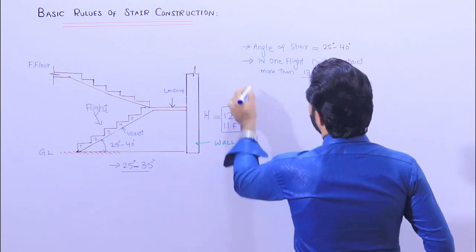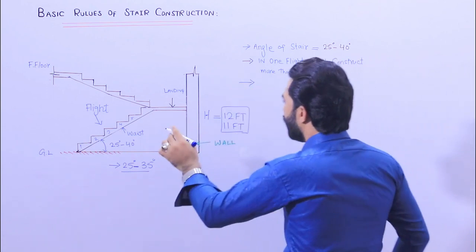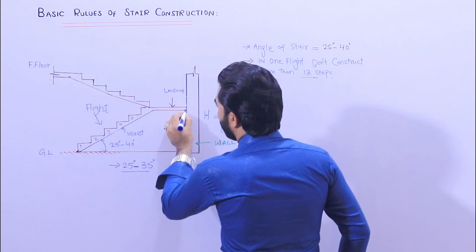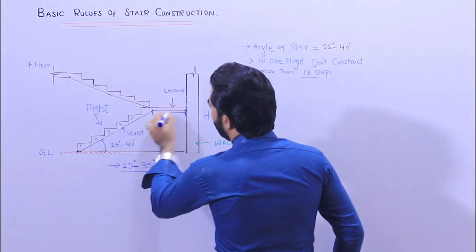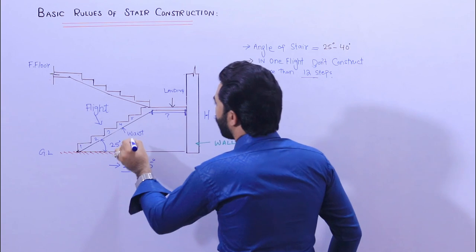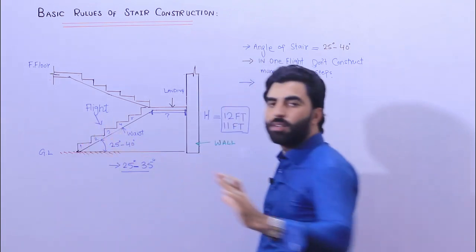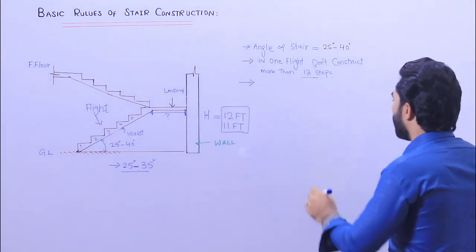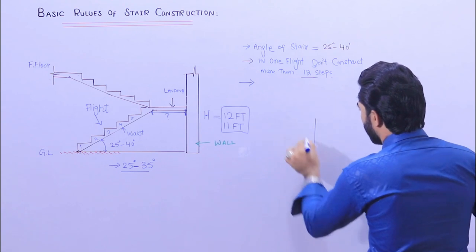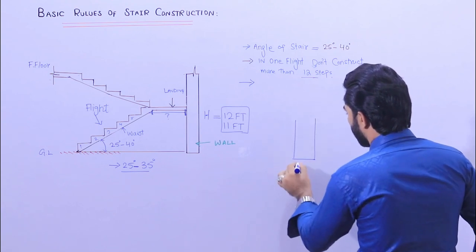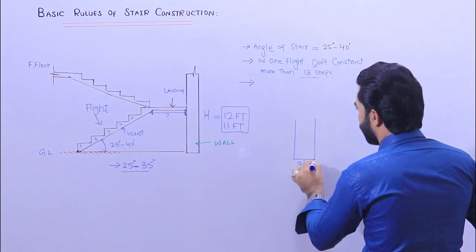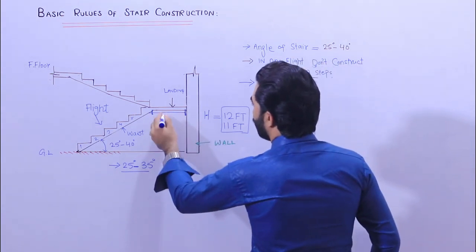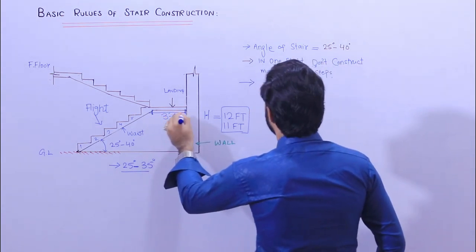The next rule is that the width of this landing should be equal to the width of the flight. Remember one thing, as you can see, this is the width of stair. Suppose this is 3 feet and 6 inches. So the landing should also be 3 feet and 6 inches.